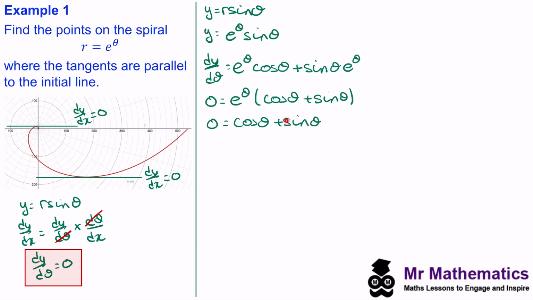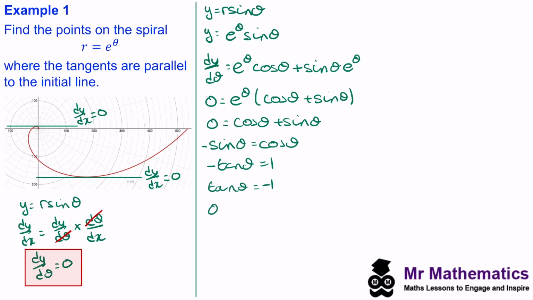And to work out theta, we can move either of these to the left-hand side. We'll move sine theta to the left-hand side. And then we can divide both sides by cos theta. So minus tan theta will equal 1. We'll move this negative to the right-hand side. So tan theta equals negative 1.